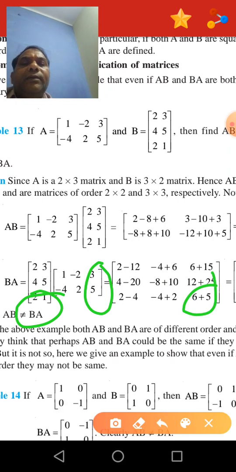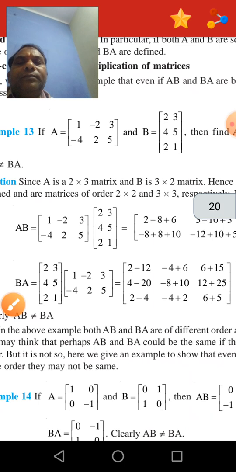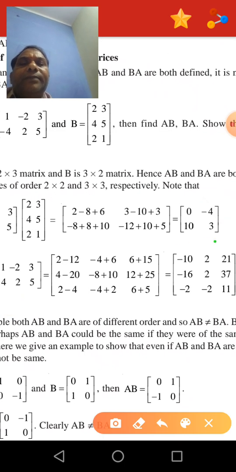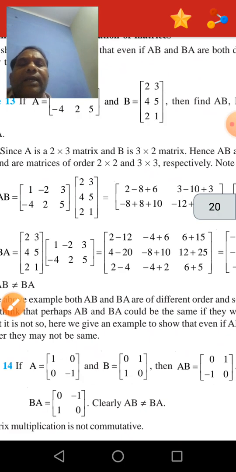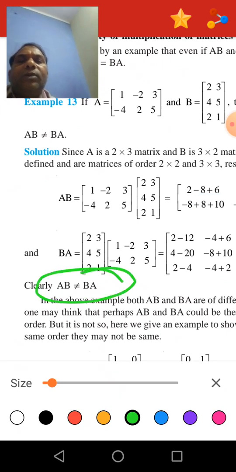Clear? Then you can find BA, and we find here AB is not equal to BA. Clear?